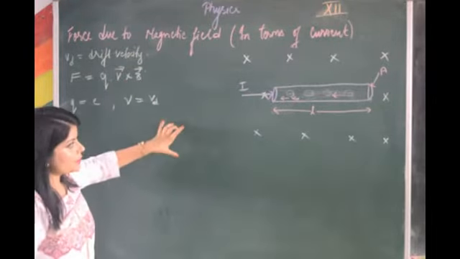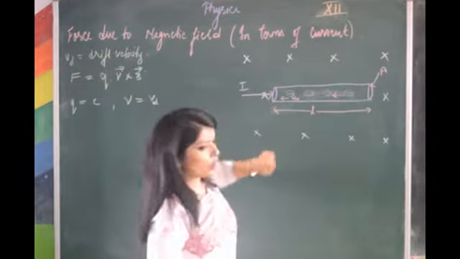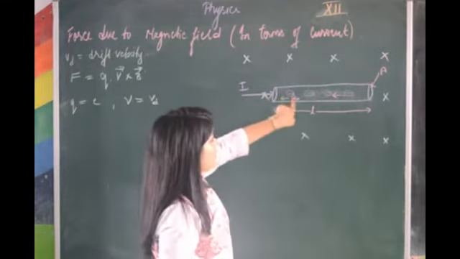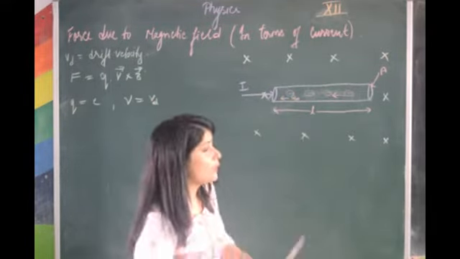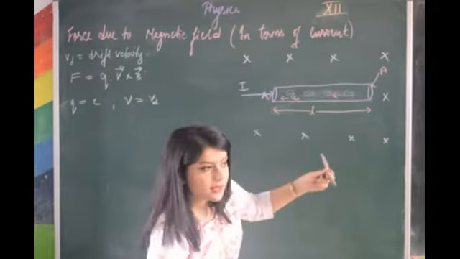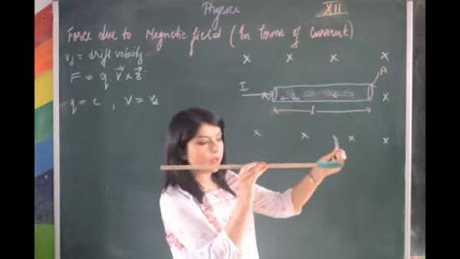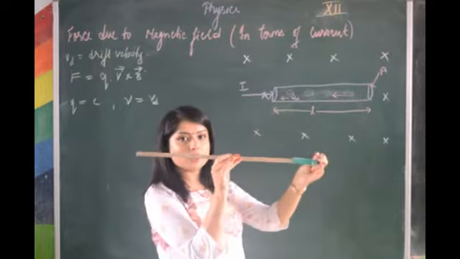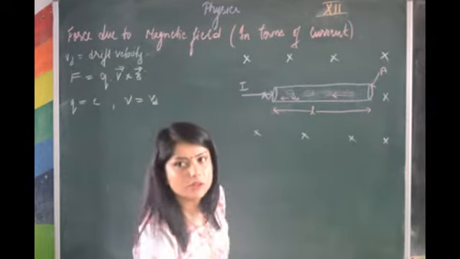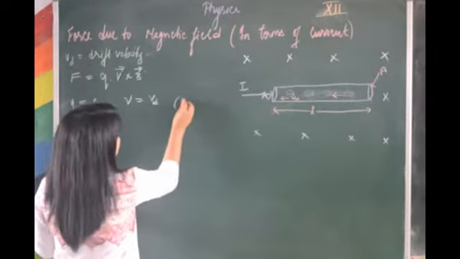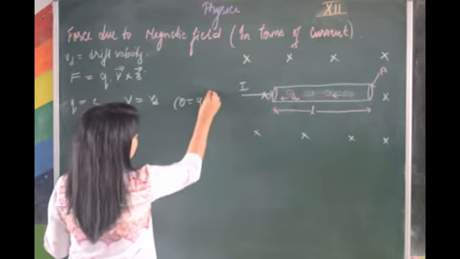And what we know is, over here the direction of the magnetic field is inward, whereas the direction of the electron is like this. So these two directions are perpendicular to each other. So we can consider theta to be 90 degrees.